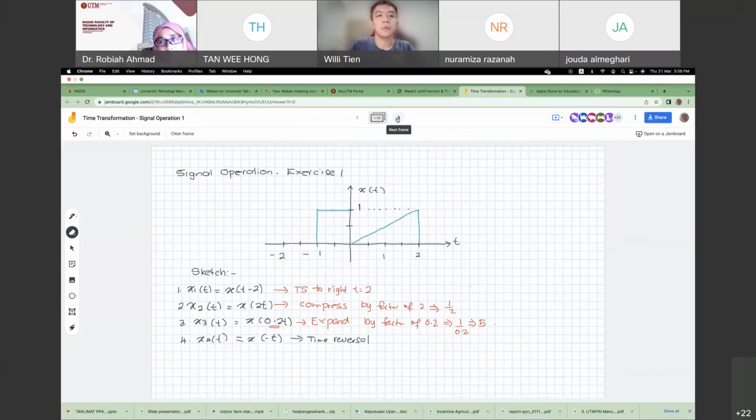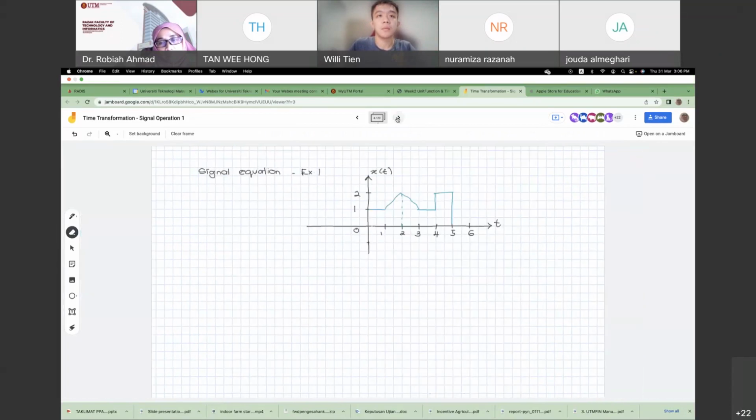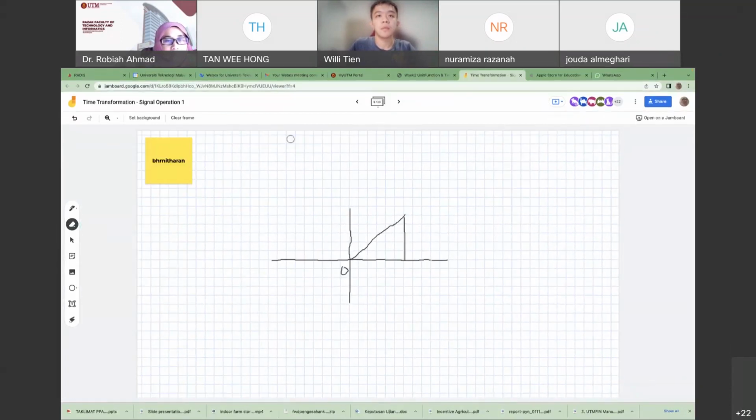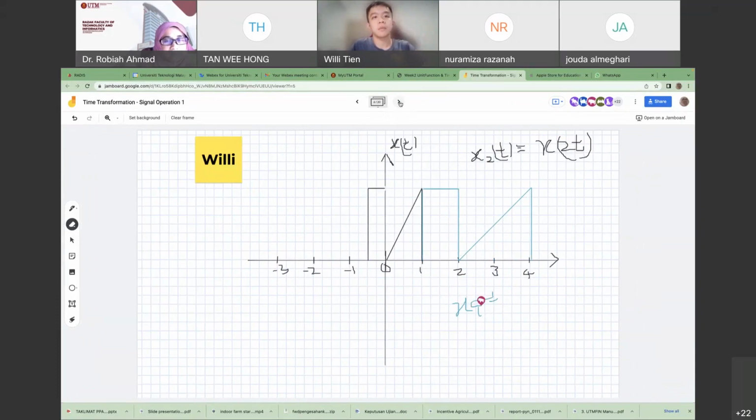So ada siapa yang dah siap? Bara? Belum siap. Okay. Willy? Willy ni yang mana? So the black one is compress. Yes, Doctor. Blue one nombor 1.